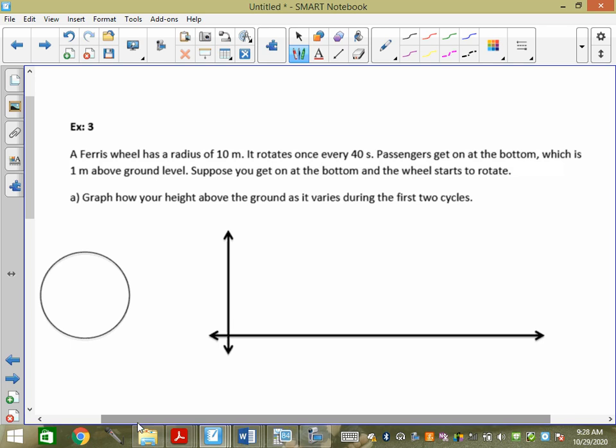The first one I gave you, a Ferris wheel question with an equation, correct? This time I'm giving you information about a Ferris wheel, no equation. So I'm still going to set it up the same. Still going to split it into 4.